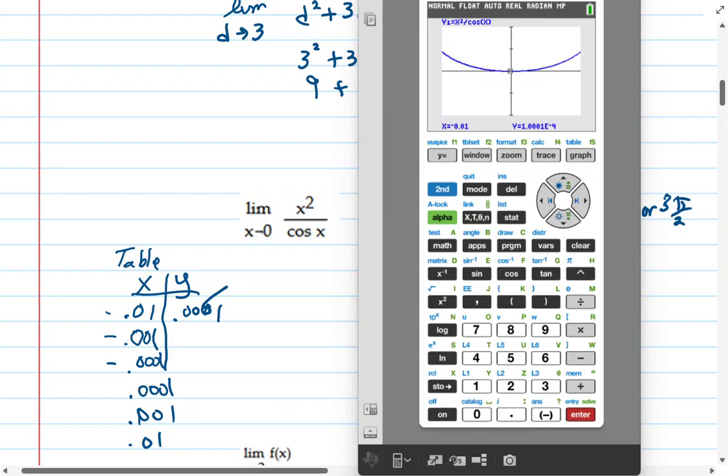Then I'm going to have negative 0.001. And now I'm going to have 1 to the negative 6. So it's 1, 2, 3, 4, 5, and 6. And then I'm going to do negative 0.0001. And I have to the negative 8. So it's approaching 0, isn't it?